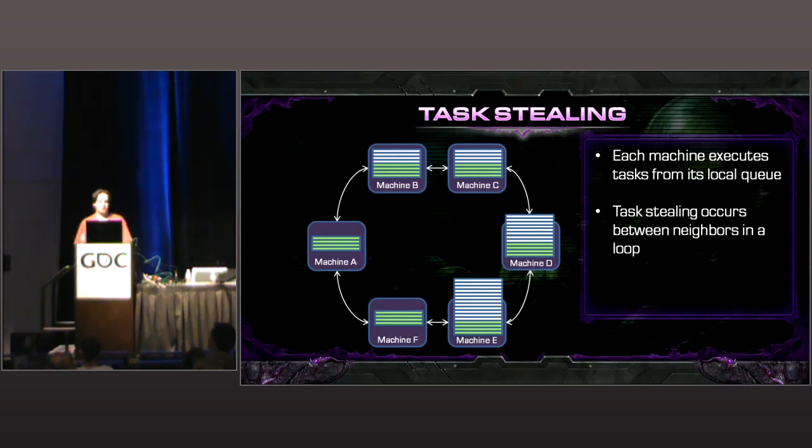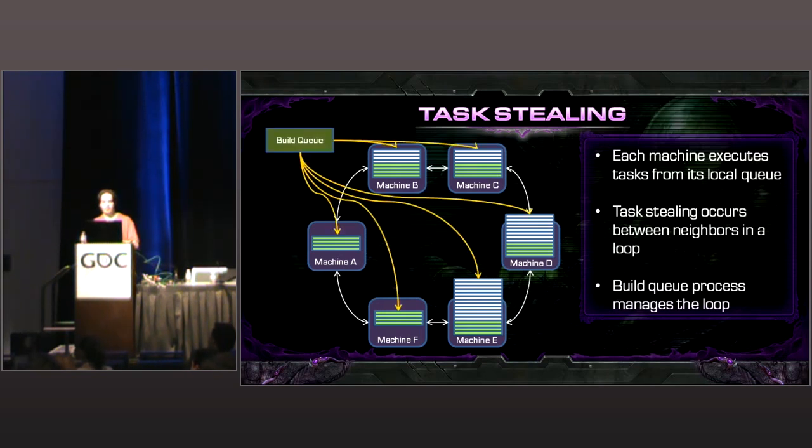So we don't want the ability of any machine to steal work from any other machine. The solution we came up with is to arrange the cluster in a loop, and then prioritize work stealing to neighbors in that loop. The organization of this loop is set up and managed by the build queue.